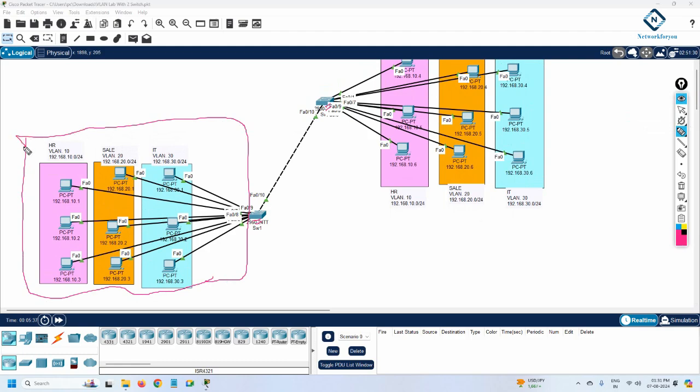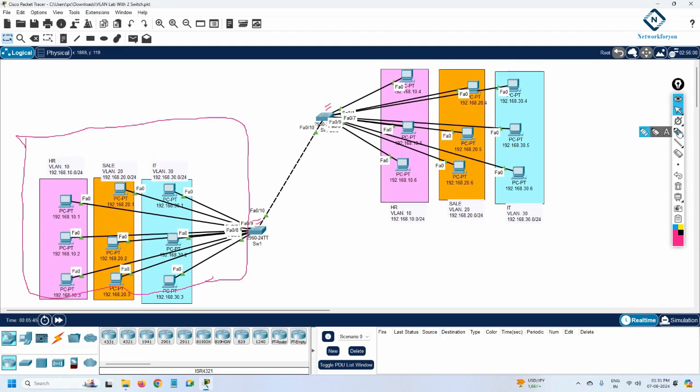Later the company grew and they have more projects, so we have new employees, but space is not there, so we took the second floor and also connected a switch and started the computers. So 3 more guys from HR, 3 more from sales, and 3 more from IT are working from there. So there is a difference here: 3 guys are on the first floor, 3 guys are on the second floor.